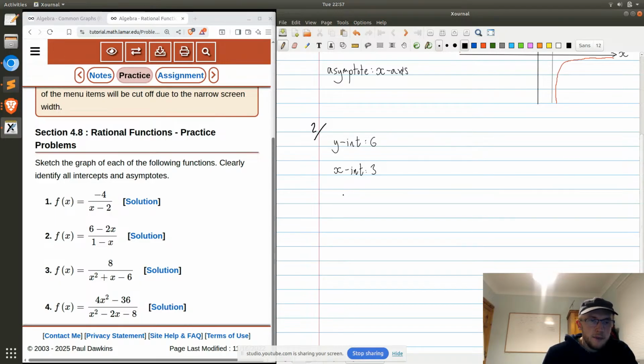Then finding the asymptotes. Okay, so it's undefined when x is equal to 1. All right, but that's what it looks like. Well, I don't know, but I have to try.